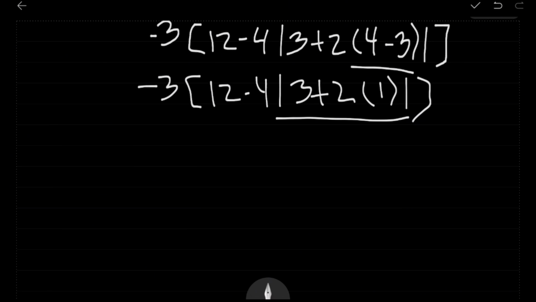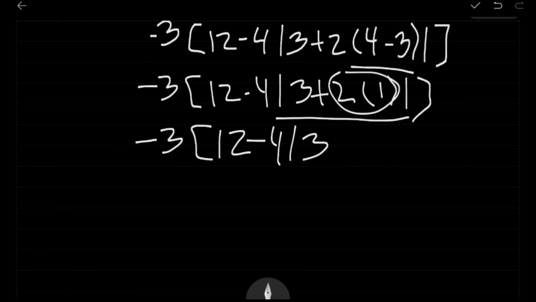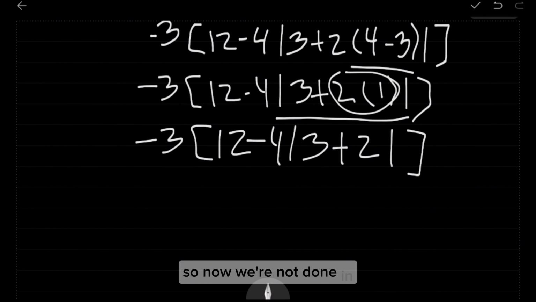Using the GEMDAS rule, we will first evaluate the multiplication since we have a multiplication here. Negative 3 times 12 minus 4, absolute value of 3 plus the value of 2 times 1, which is equal to 2. Now, we're not done in the absolute value group.